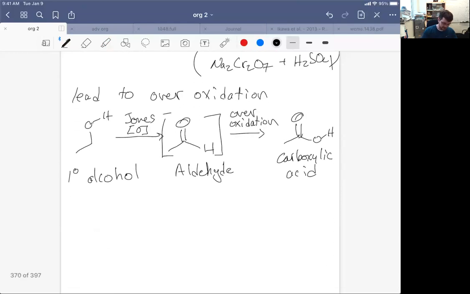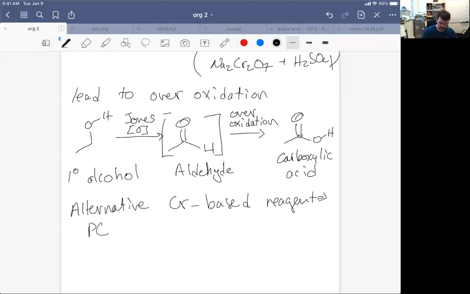So alternatively, we could use a different chromium-based reagent that is PCC. Now, it turns out that PCC is a Cr oxidant without water.